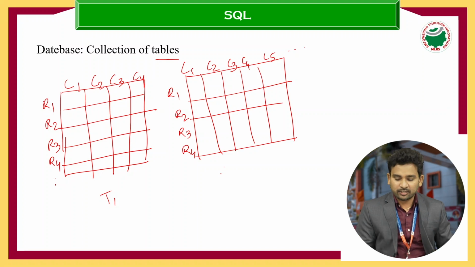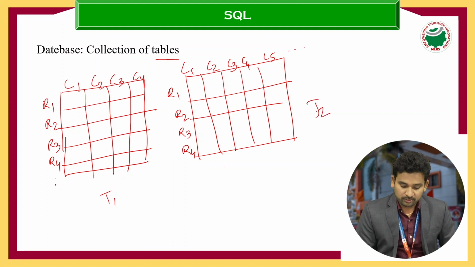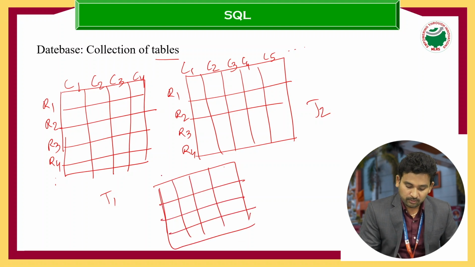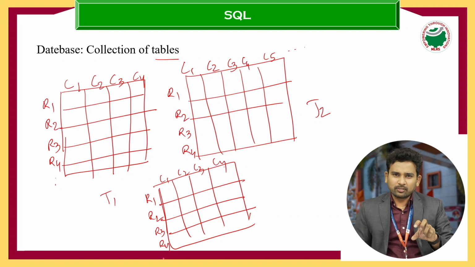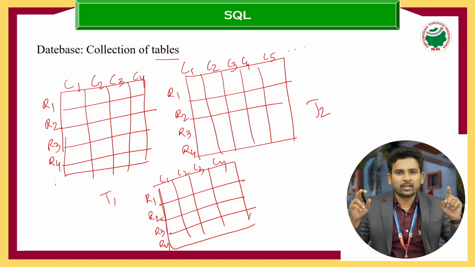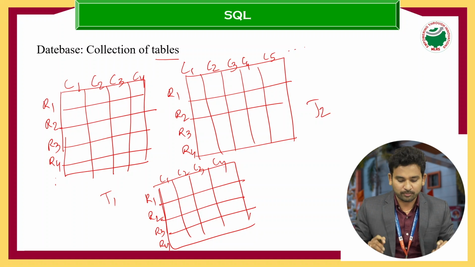Similarly, this is table T2, and the third table has C1, C2, C3, C4 and so on, and R1, R2, R3 and so on. If you observe, this database is only in terms of rows and columns. I am talking about Structured Query Language; it is nothing but your data in a structured format.